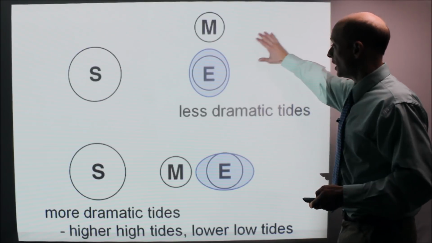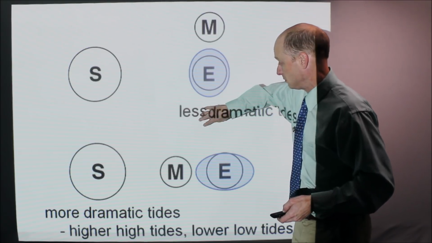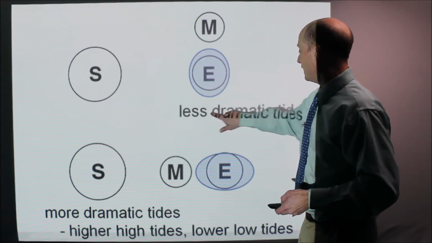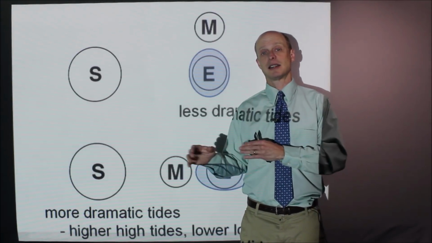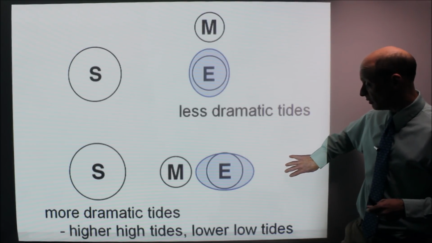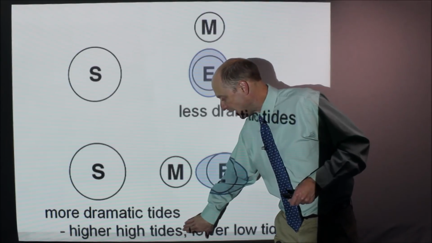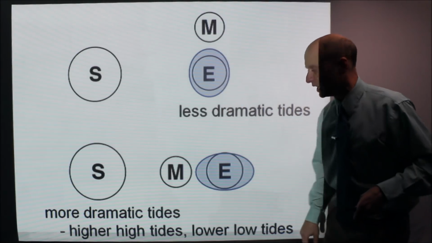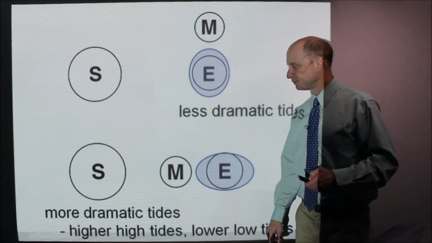So what I wrote is in this scenario here, if the moon is here, or even here, you have less dramatic tides, which means high tides are not as high, low tides not as low. But when you have the moon here, or the moon can also be here, you get more dramatic tides, meaning higher high tides and lower low tides. Okay, that's important to know.